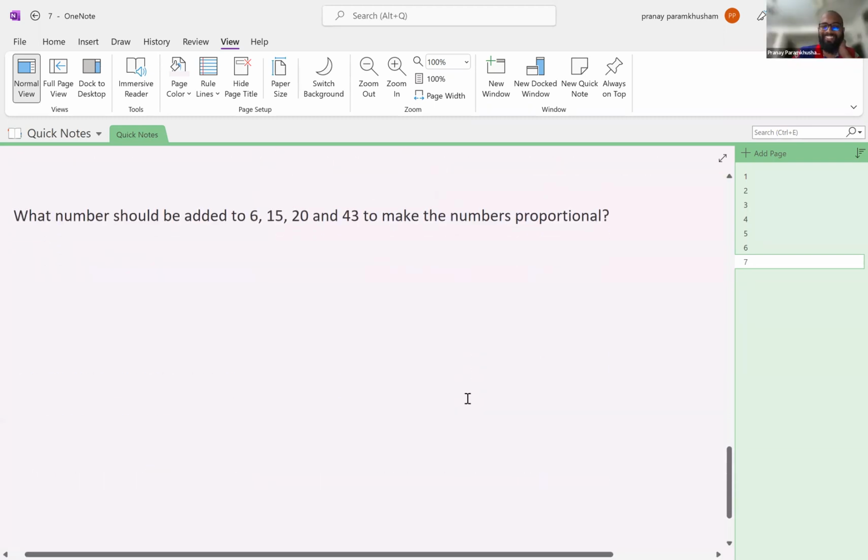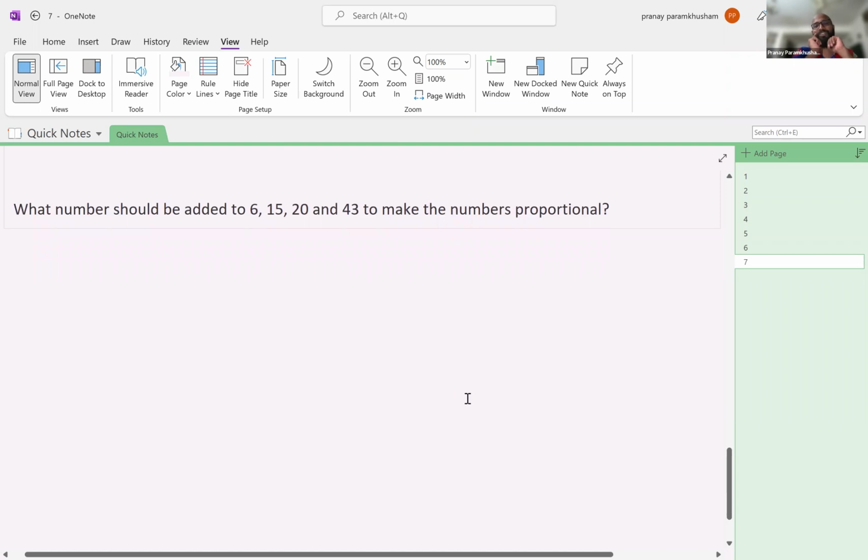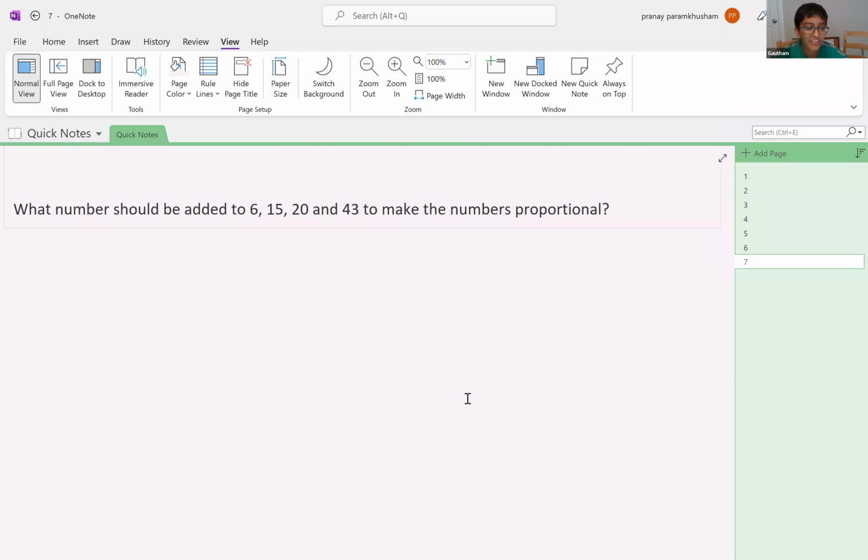Okay. Yeah. This is the last one in this proportions, and then we'll go to the ratios. What number should be added to 6, 15, 20, and 43 to make the numbers proportional? You can do only one change, however you want to do the change. The number should be added.